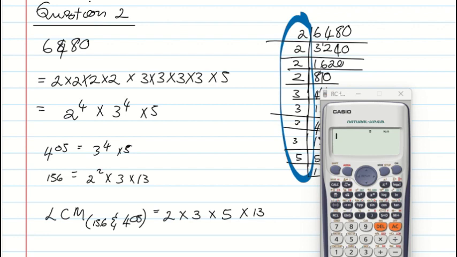But now I use 2 to the power of 2, 3 to the power of 4, and 5 to the power of 1, and 13 to the power of 1. Then I can just type this into my calculator, and I get my lowest common multiple of this. And that will be 21,060. You can go check on your calculator if that is the correct answer.